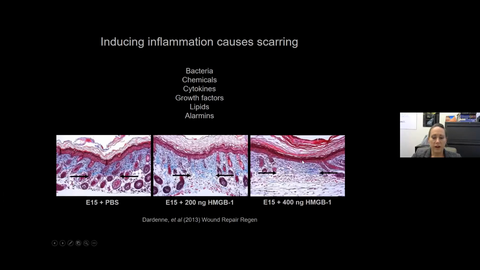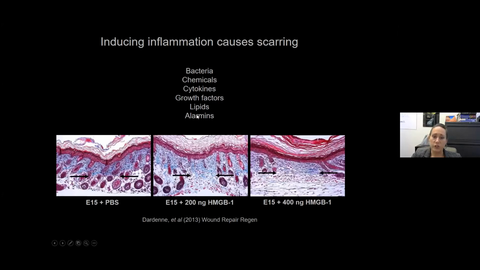And then finally, we know that if you reduce inflammation, you also tend to reduce scar formation. You can do this by targeting inflammatory mediator production. This is an example of a study that we did where we treated wounds with celecoxib, which is a COX-2 inhibitor, and that prevents the formation of prostaglandins, such as prostaglandin E2.